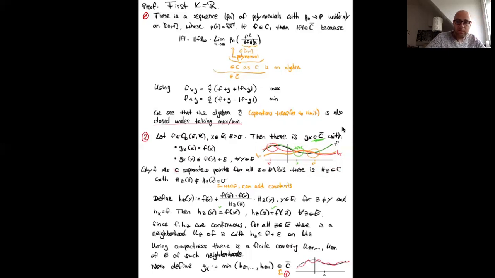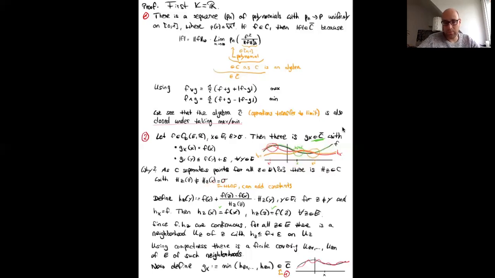So our family of functions C, by assumption, separates points. So let's take some z, which is not x. Because C separates, there's a function so that the function at the value z and the function at the value x is different. Without loss of generality, we can say the function at x is equal to 0.